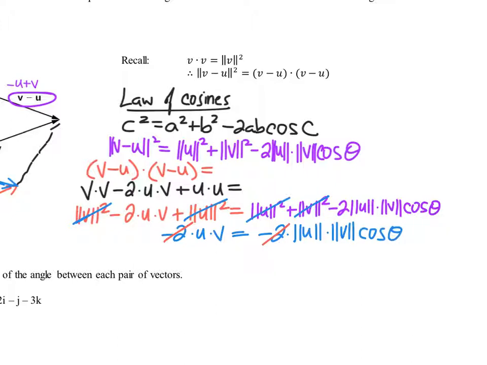And there it is: u dot v is equal to the magnitude of u times the magnitude of v times the cosine of theta.